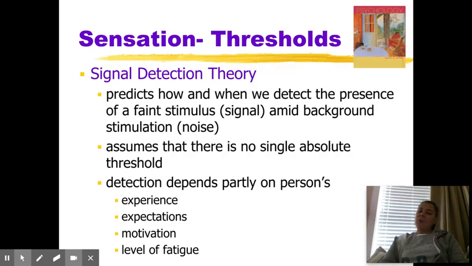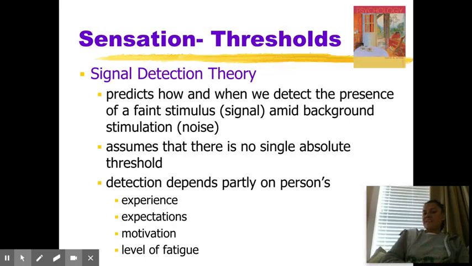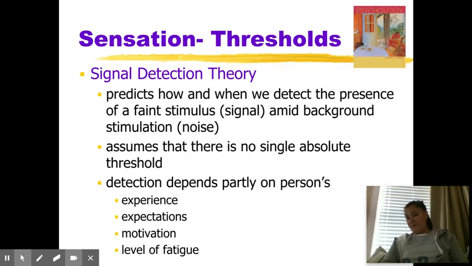All right, so this is a theory that says there's not one single absolute threshold, kind of like what we just talked about a minute ago, where it takes one drop of perfume in a small house to detect. This theory says it's all based on your signal detection.